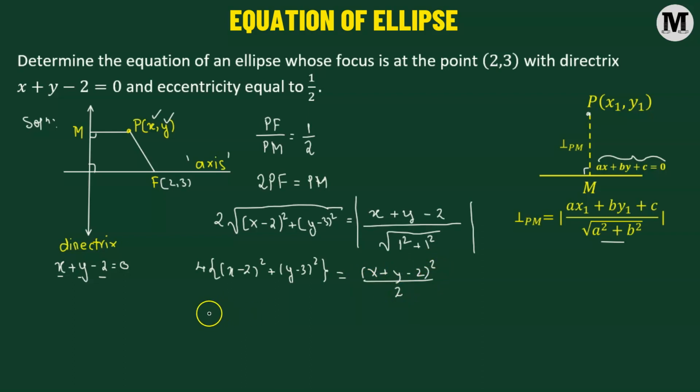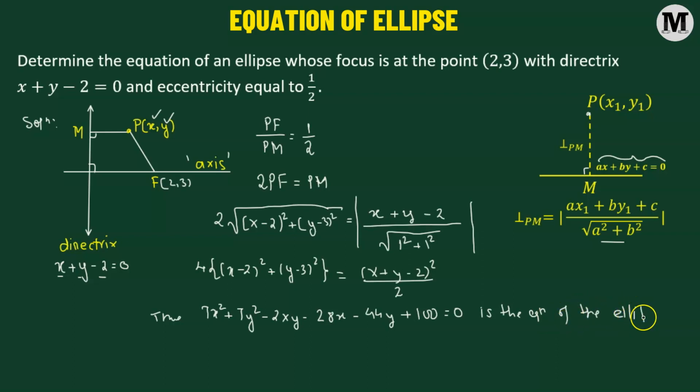Now we'll simplify this, and that's going to give us 7x² + 7y² - 2xy - 28x - 44y + 100 = 0. Thus, this particular expression is going to be the equation of the required ellipse with the focus at the point (2, 3), the directrix and the eccentricity known.